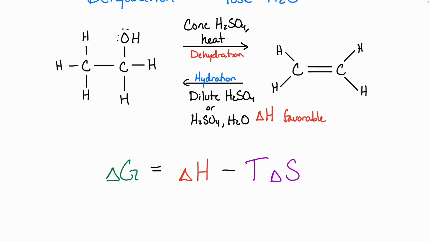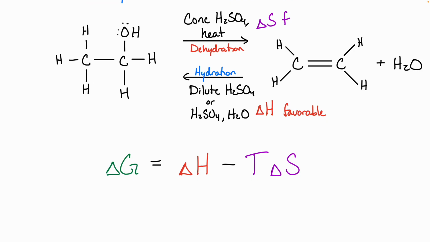But as we learned in Chem 1B, this term right here becomes more and more important as you increase the temperature of that system, right? As we crank up the temperature, the entropy component becomes more favorable. And it turns out that breaking this molecule up into these two smaller components is an entropically favorable process. So at high temperatures, we have this entropically favorable dehydration.